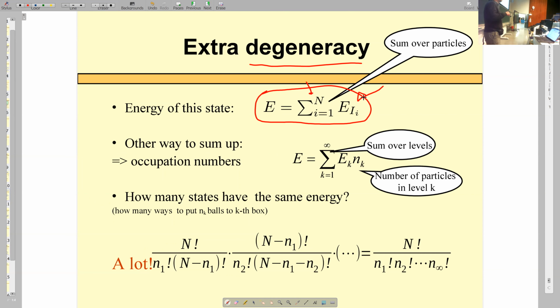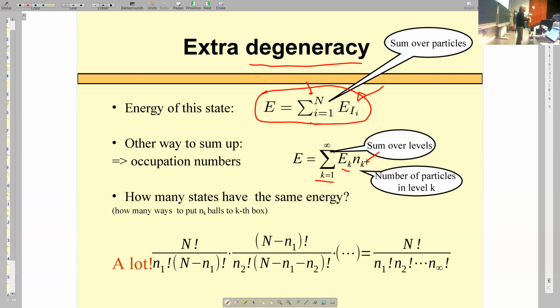Now let me rewrite this sum, and it's important for further applications. Instead of summing over the particles, I will sum over the levels. That's logical because each level, which I now label with k, has the same energy. And what I have here is the number of particles in this particular level, N_k. So these are completely identical sums.